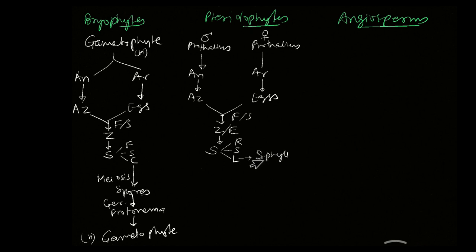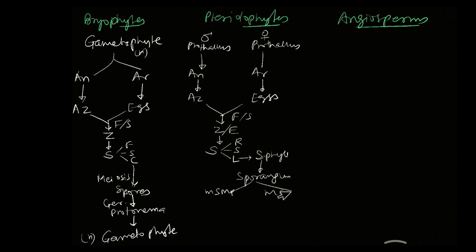On these sporophylls, sporangium develops. On these sporangia, microspore mother cells and megaspore mother cells are produced.